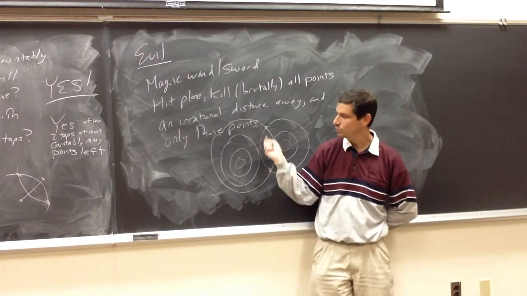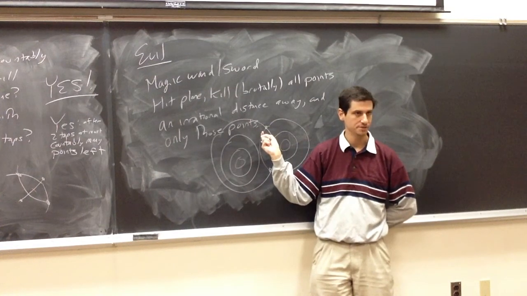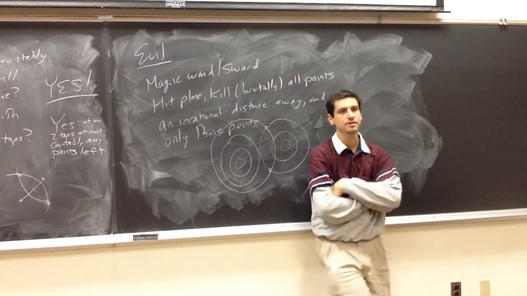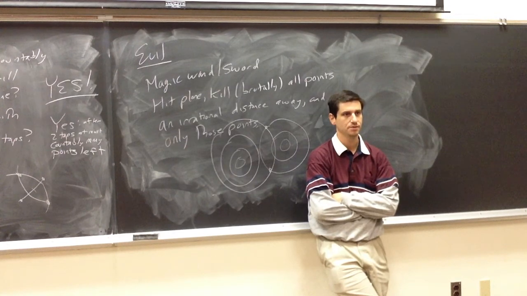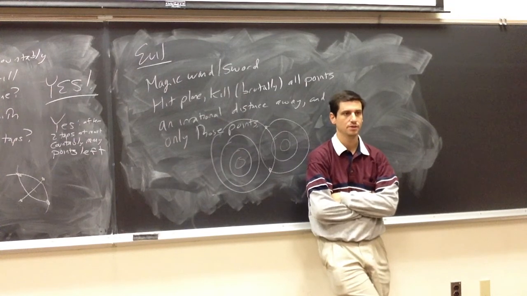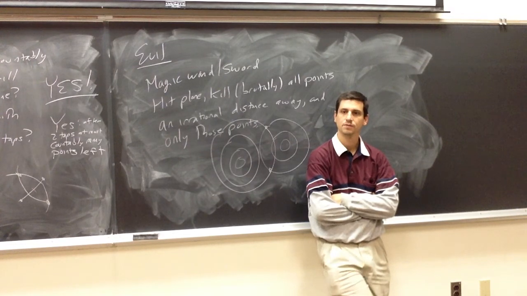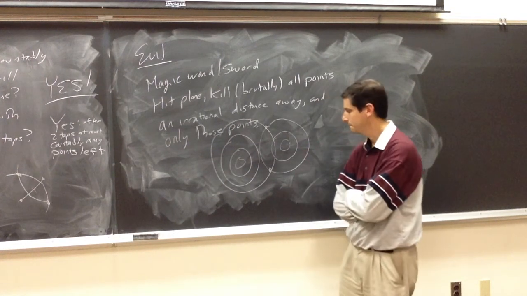So let's think about what's going on. We have only countably many points. Okay? We need to find one special place to tap, maybe, to kill every single point. How would we do that? Yes? How many points are like an irrational distance away from both?